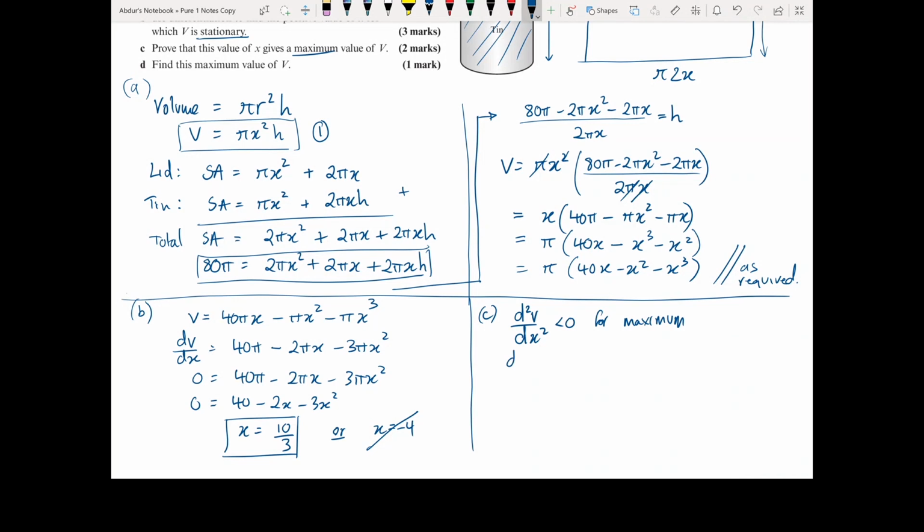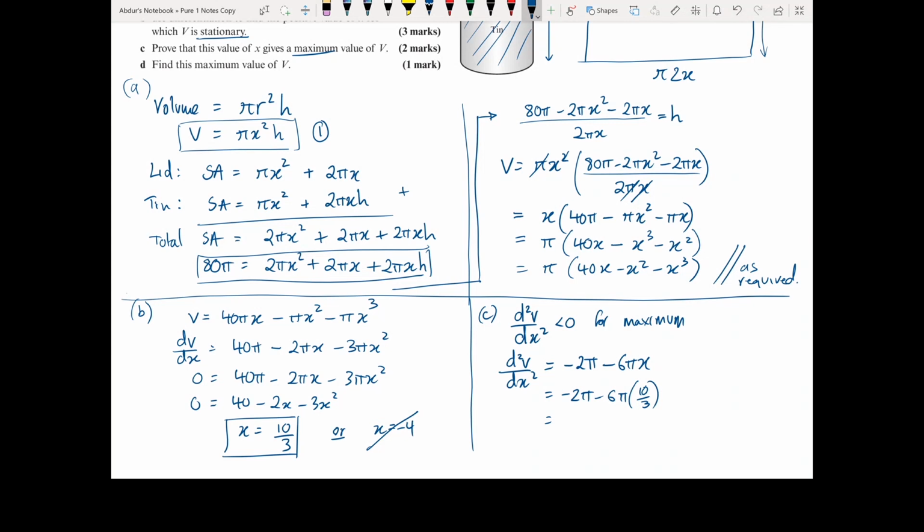The second derivative, d2v by dx squared, is equal to minus 2 pi minus 6 pi x. Now the x value is 10 over 3, so we substitute that: minus 2 pi minus 6 pi times 10 over 3. And we can see here both of these terms are negative, so the answer that we get is going to be less than 0.